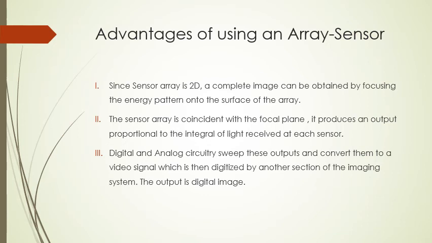In the second point, the sensor array is coincident with the focal plane. It produces an output proportional to the integral of light received at each sensor of an image.